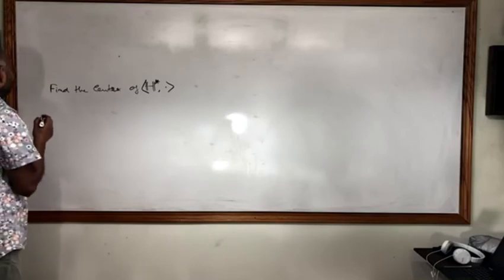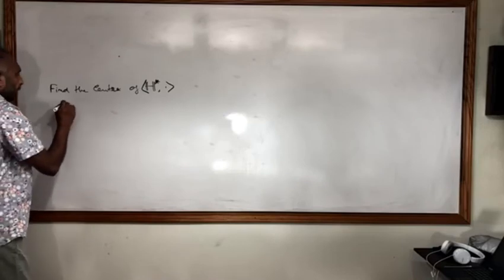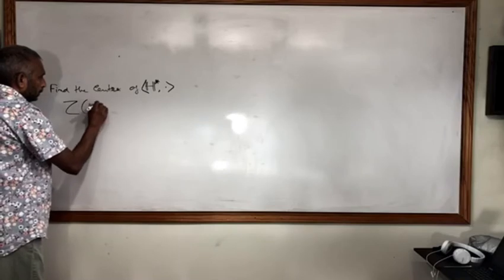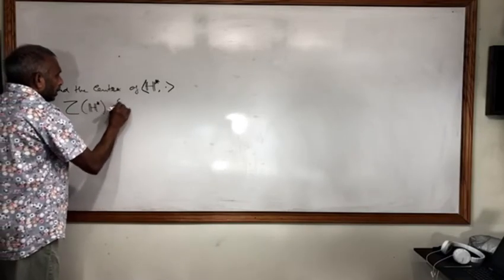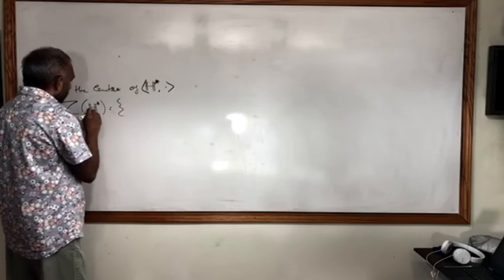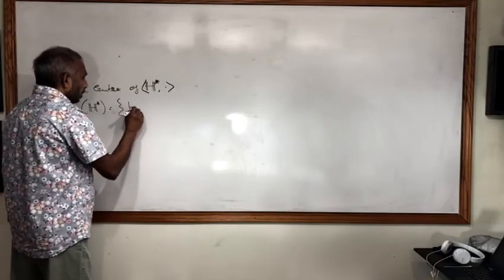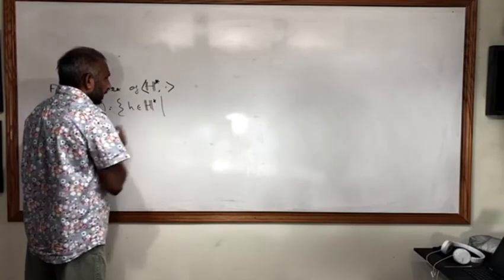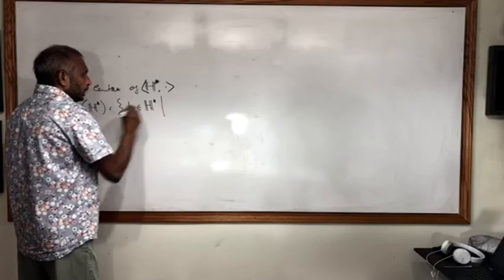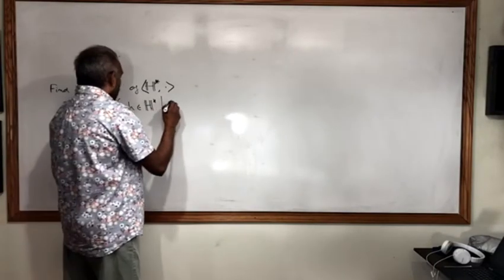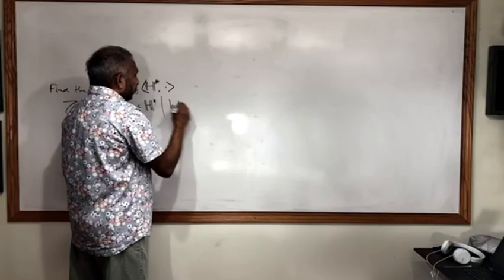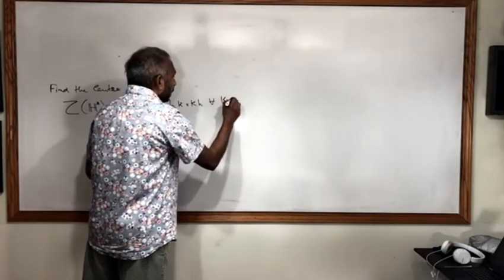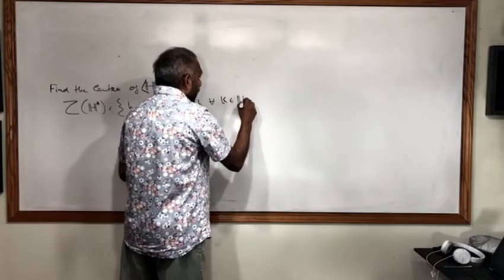So the center is defined as elements from the group such that hk is equal to kh for all k in H star.